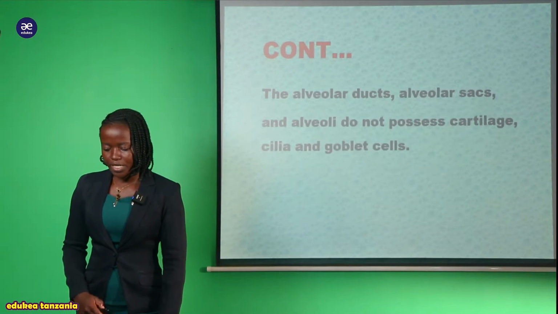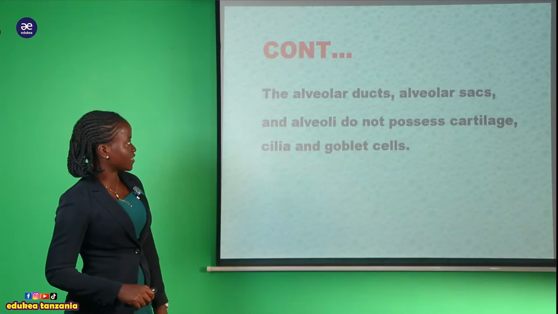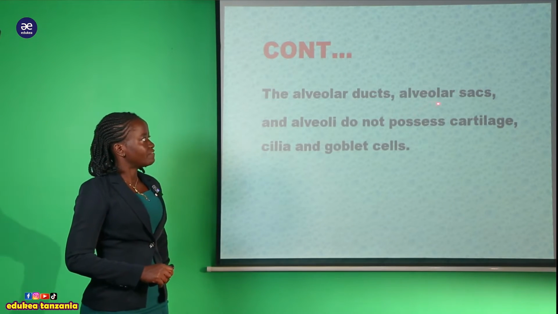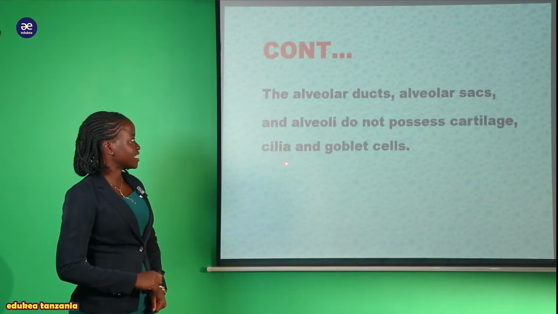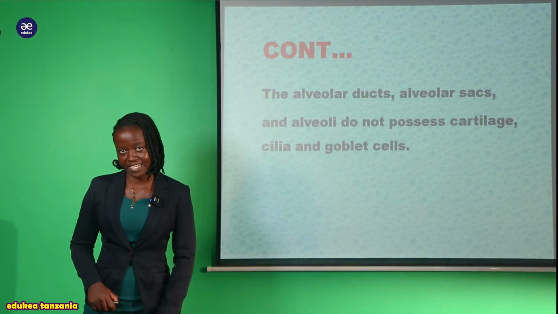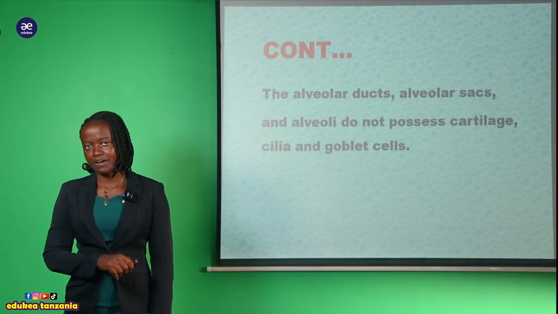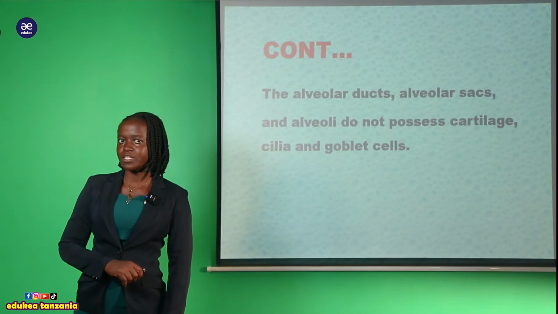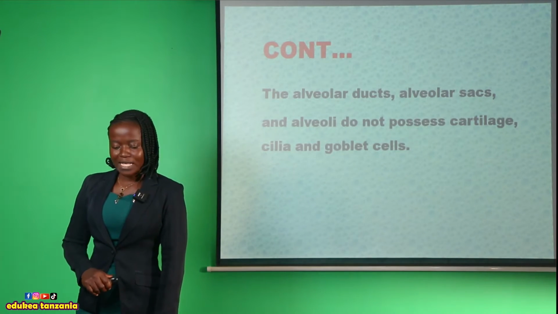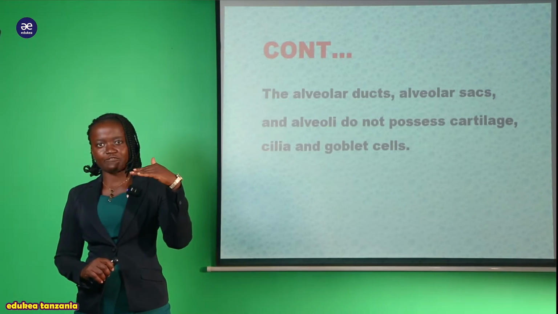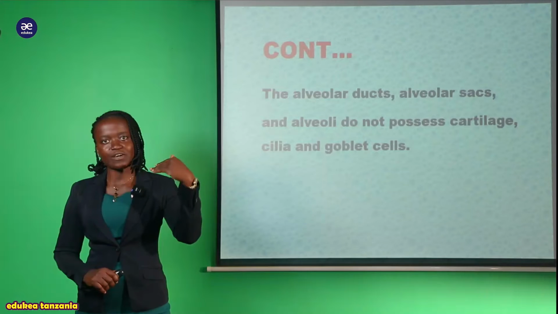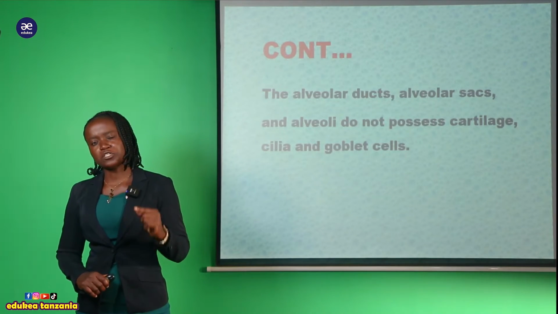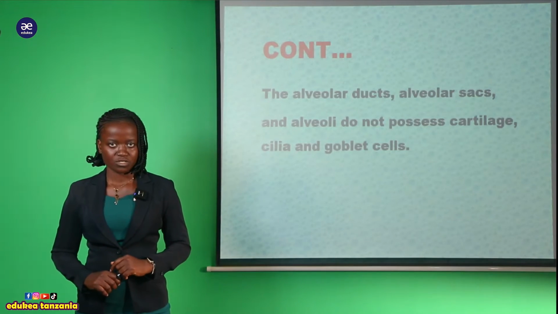And also we can say that the alveolar ducts, alveolar sacs and alveoli do not possess cartilage, cilia, and goblet cells. This is a thing that you have to note and keep in your mind. Starting from the alveolar ducts, the alveolar sacs, together with the alveoli, they do not possess cartilage.